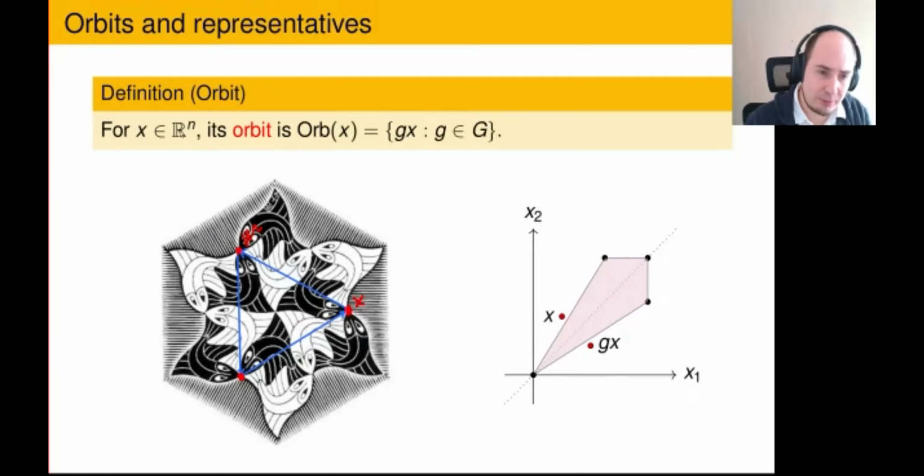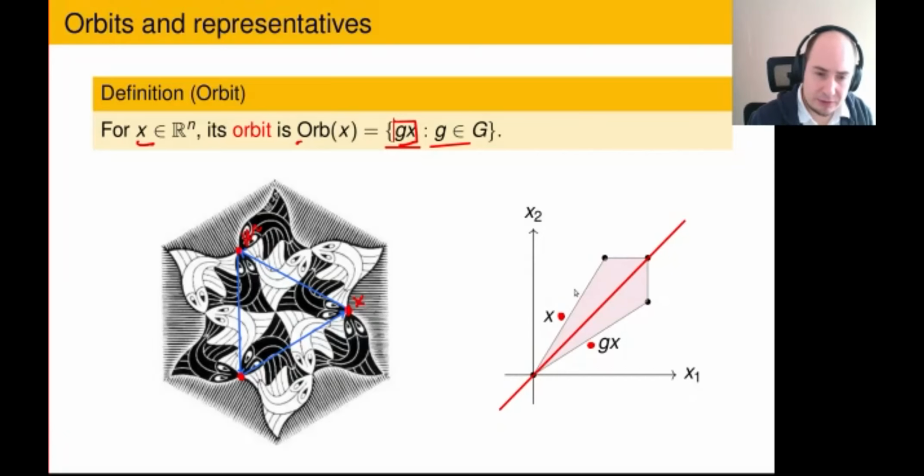So for a given X, the set of points that contains only points that are symmetric to this X, only points that you can construct as G of X for some G in your group, that's called the orbit, okay? And those are representing the symmetric points, points that are symmetric to X. Same in this optimization problem on the right, this polytope, I can take X, and this X is symmetric to this reflection around this straight line over there.